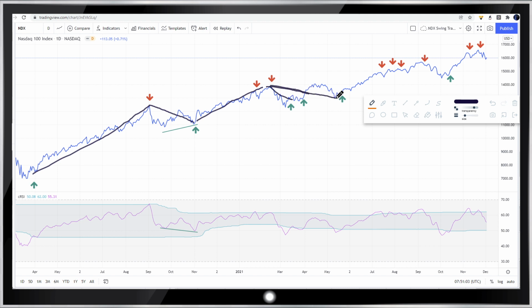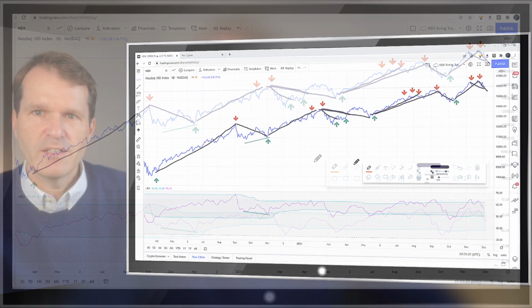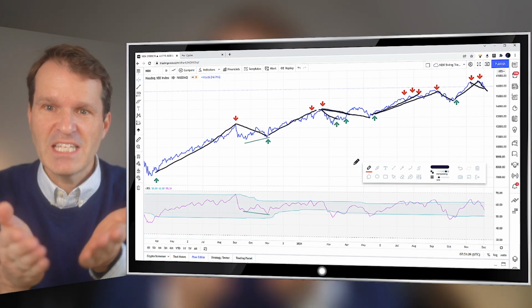So to here, then into this top here, this low, this top here, short. So this is how you would have been able to trade this strong uptrend now with swings using the dominant cycle.